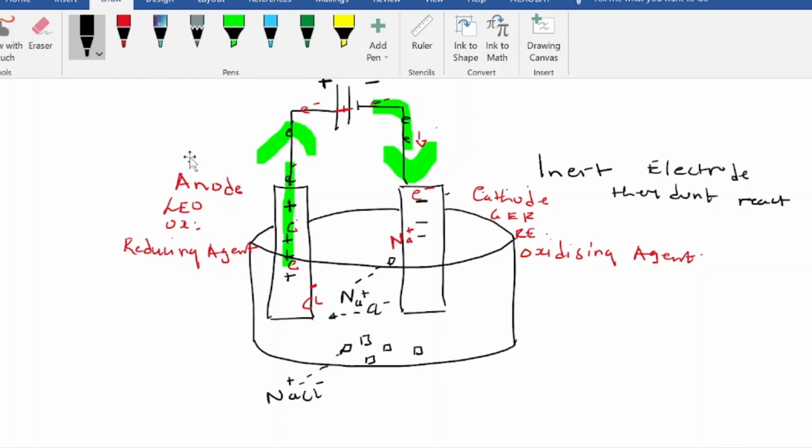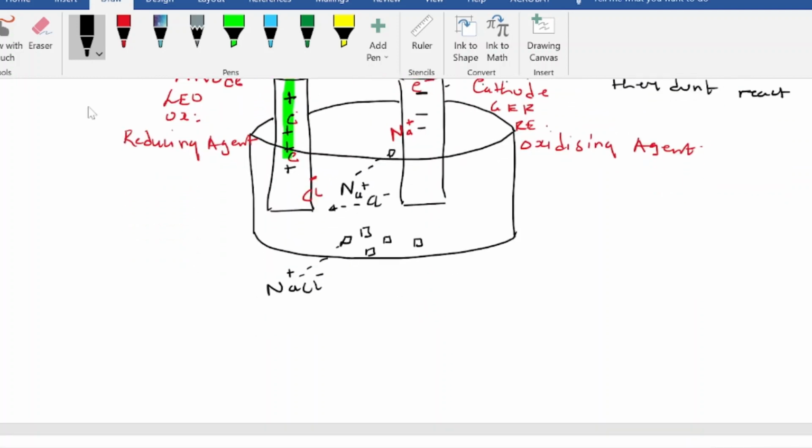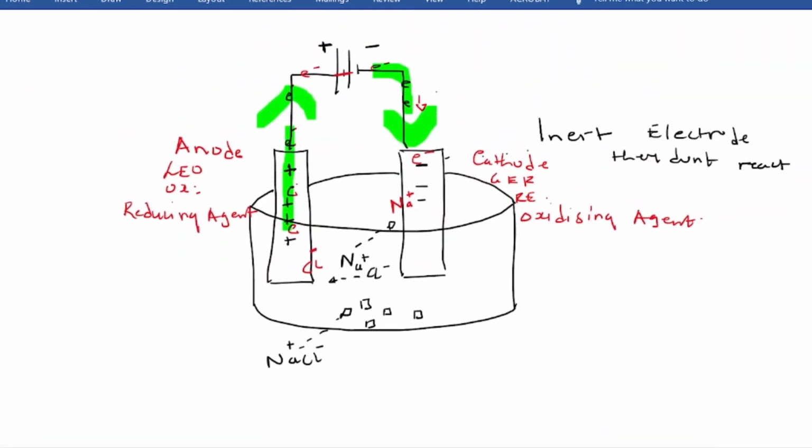Okay, so what we need to understand now is this. Let's draw our half reactions. Our half reaction is very simple. Half reactions on the oxidation part.